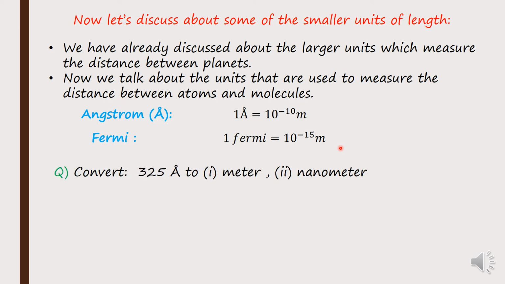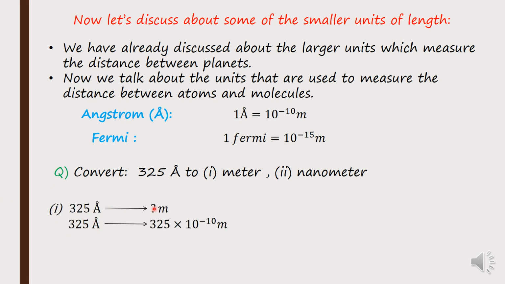Now let us do some questions to reinforce our knowledge on the topic. We have to convert 325 Angstroms, number one, to meters, and two, to nanometers. Let us do the first one, to convert 325 Angstroms to meters.